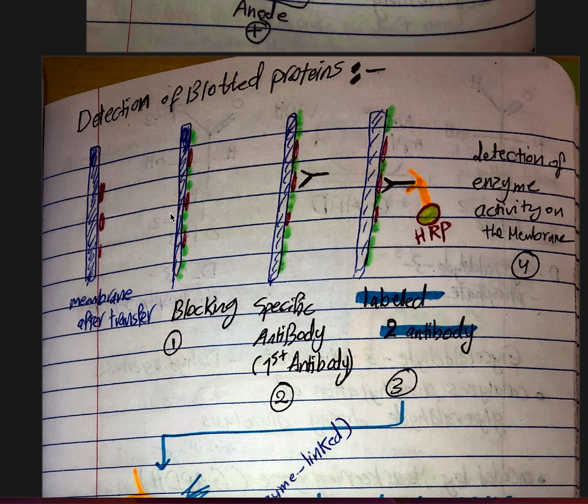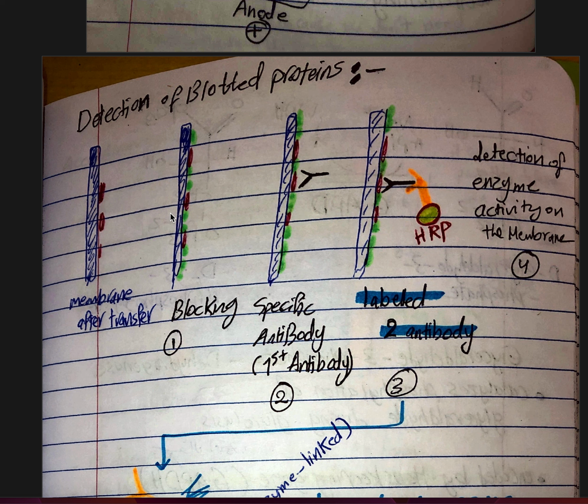I also said an important piece of information: methanol is used in the transfer buffer, which is important to transfer these proteins onto the membrane, facilitating their binding to the membrane, which may be PVDF, polyvinylidene difluoride, or nitrocellulose.